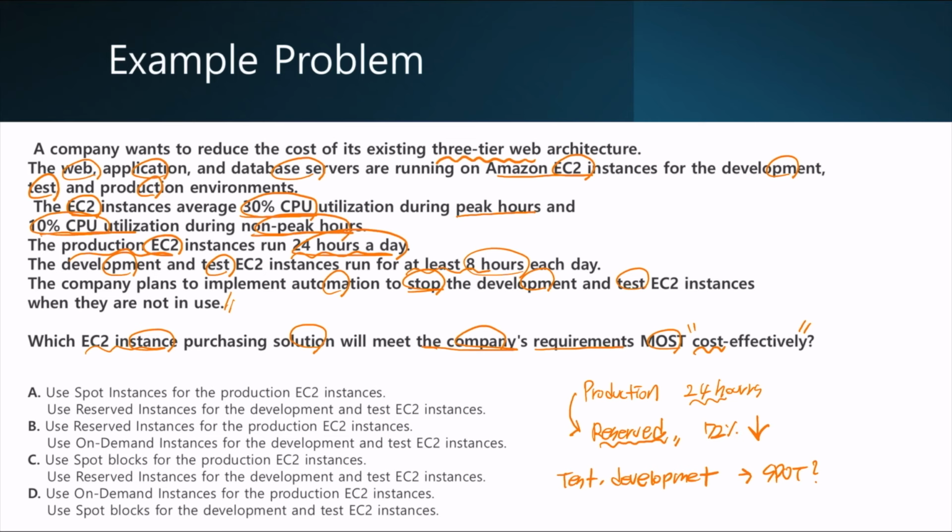Now let's think about on-demand. On-demand is going to be more in relation than spot instances. Basically, we want to be using this based on how much we're actually going to be using it. So when we think about production again, we think of reserved instances. Use on-demand instances for the development and test EC2 instances. Therefore, B is the answer.